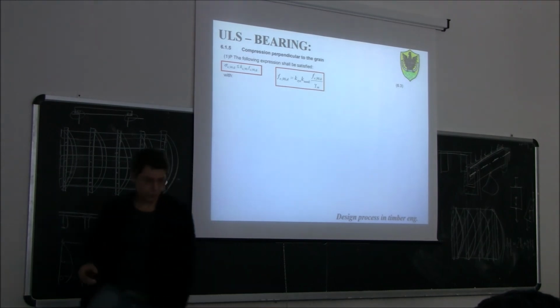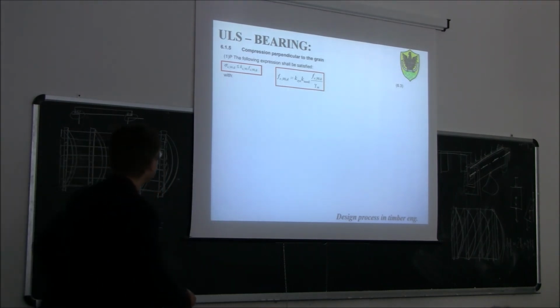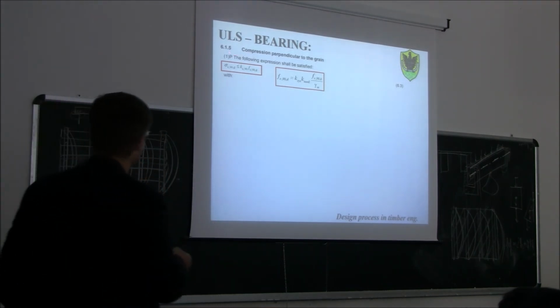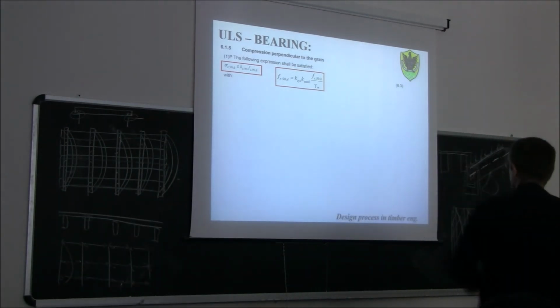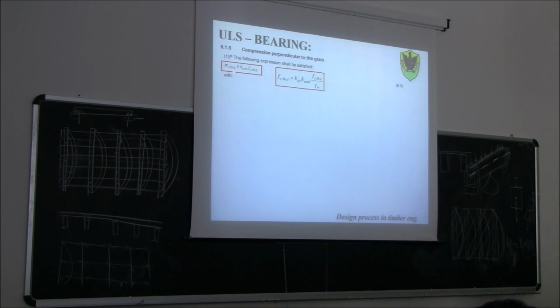Okay, so to do this kind of check, the regulation says that we need to calculate the demand of strength, which is denoted as sigma C90D, where C is compression, 90 is perpendicular to the grain, D is design. This shall be less than or equal to the compression strength perpendicular to the grain multiplied by a factor called KC90.